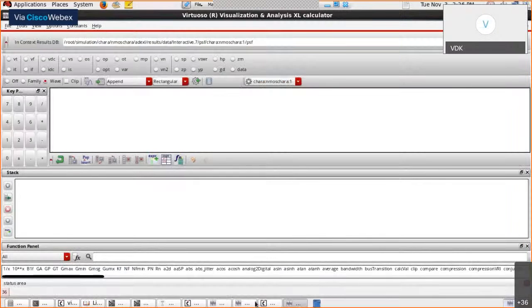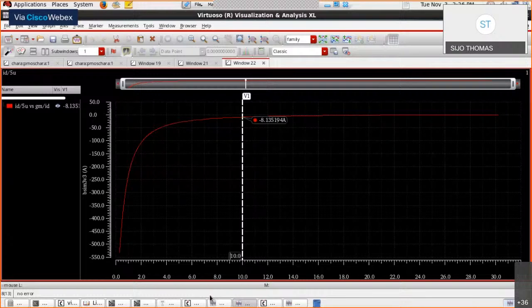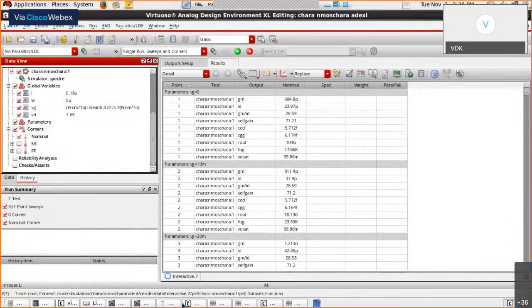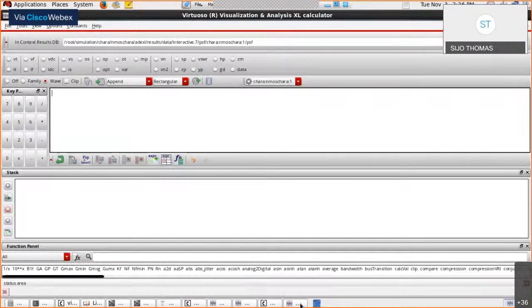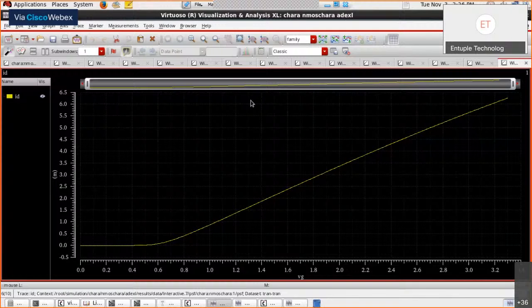The width of the transistor is 5 micron. Select that waveform.